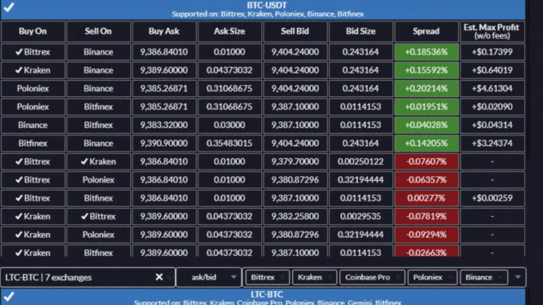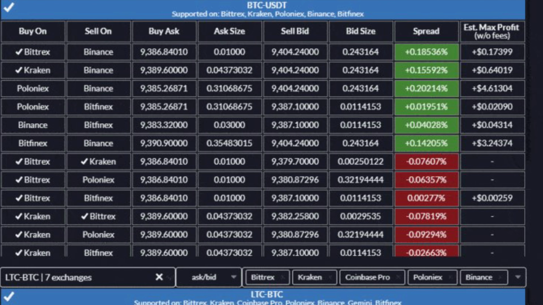Now it's going to do the same thing between exchanges for arbitrage differences. Do you know what an arbitrage difference is? Check this out. If you have an exchange scanner for arbitrage differences, you have to pay for those. Then this is what you see. Look on the left side. You got Bittrex, Kraken, Poloniex, all these different exchanges.